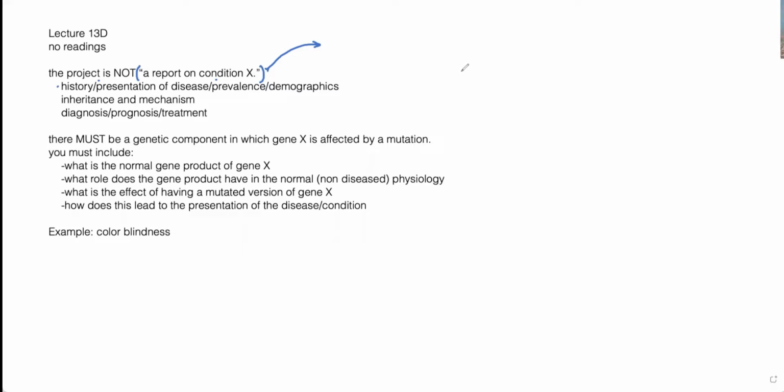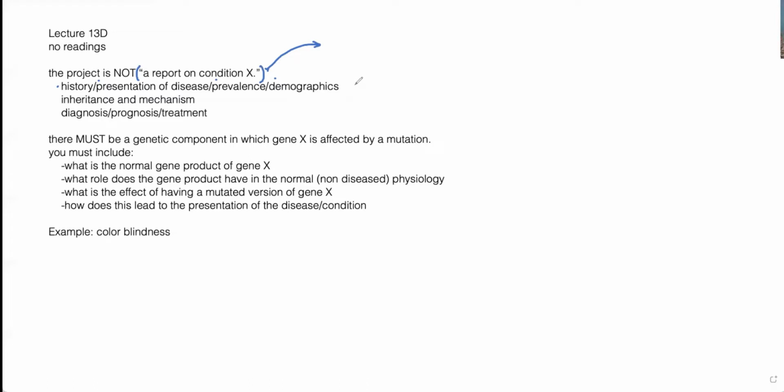What is the history of how it was first discovered and diagnosed? And what kinds of people are most affected by the condition? Is it young people, old people, members of particular age classes, or ethnic groups, or social castes? There's a lot of information that I think really is important for you to include in your project. I just don't think that any of these should be the focus.